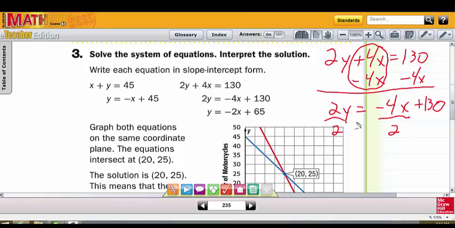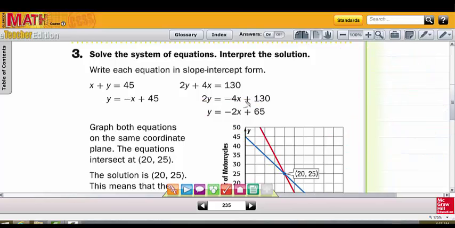There's this term here, this term here, and this term here. You must divide all terms by 2. So divide this by 2 and this by 2, we get y equals -4 divided by 2 is -2, and of course we have the x. We're going to add 130 divided by 2 is 65. So there's our other equation. So those are the 2 equations we're going to use.